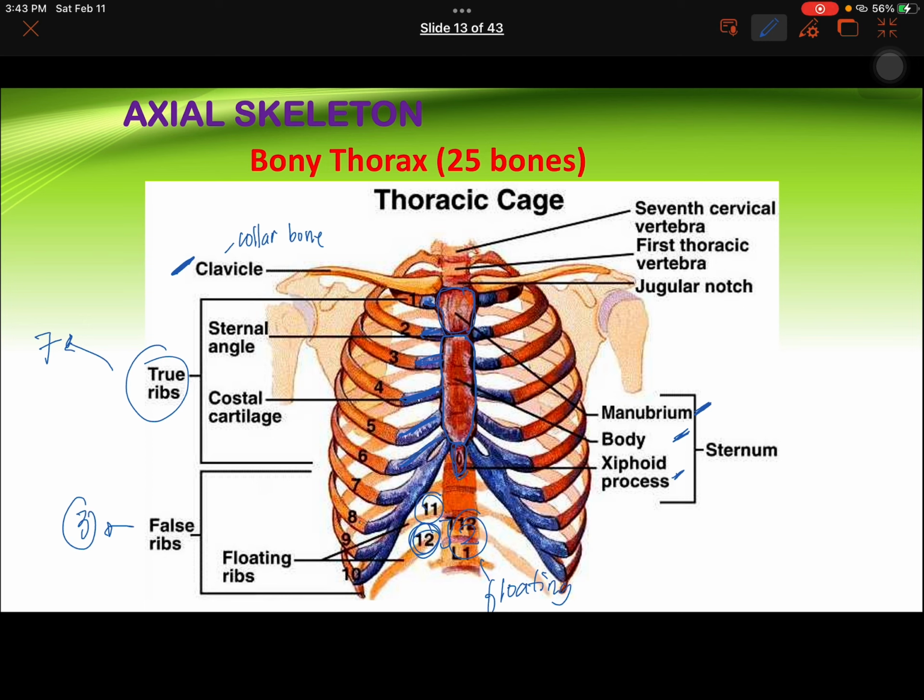The false ribs are fused to one connection to the sternum. They have no individual connections. And your floating ribs, your 11th and 12th rib, are actually not connected to the sternum. They just float. That is why they're called your floating ribs.